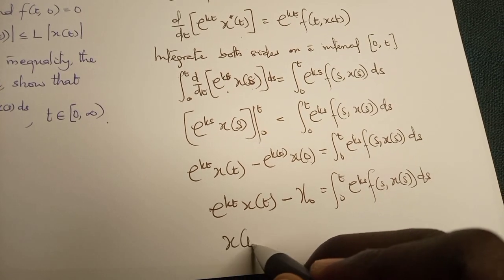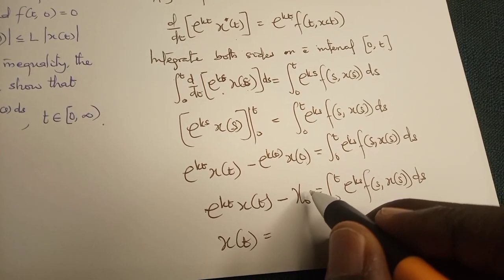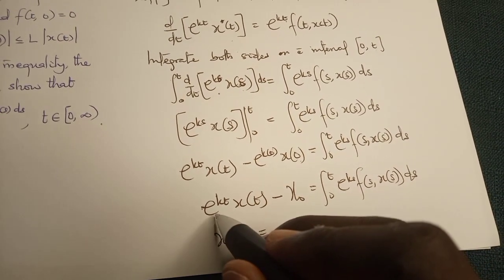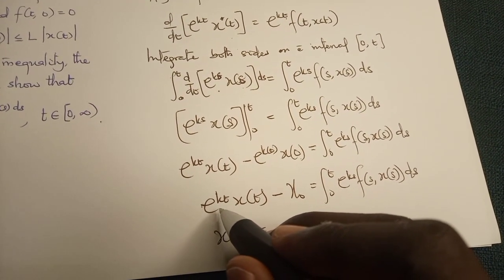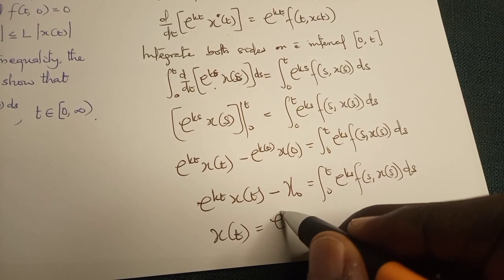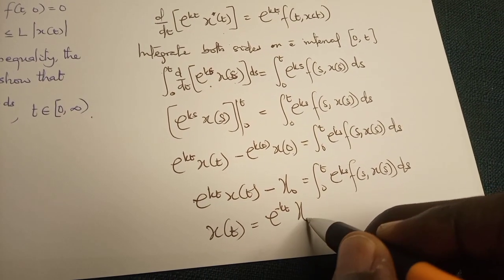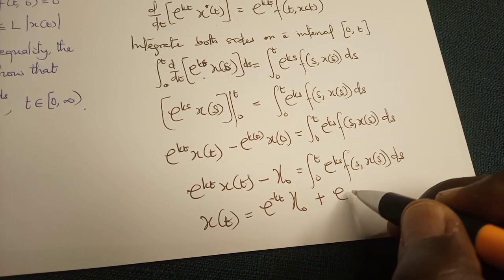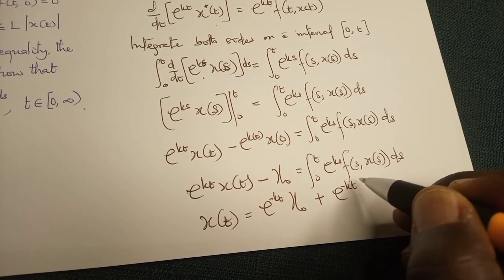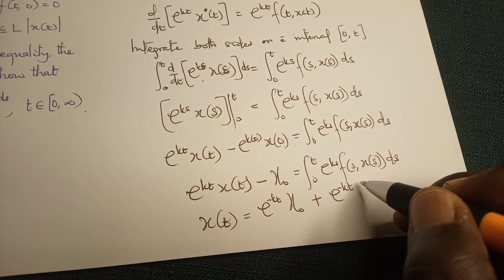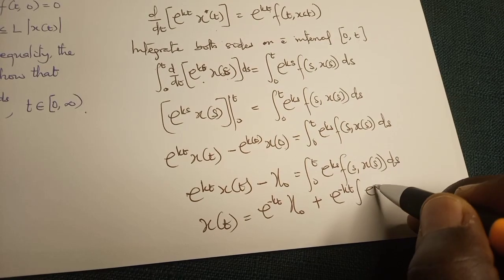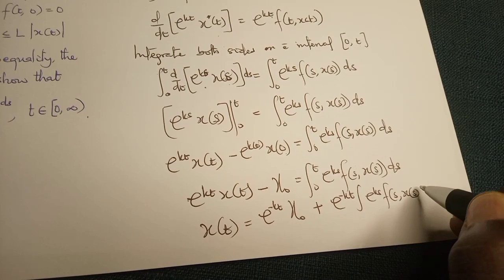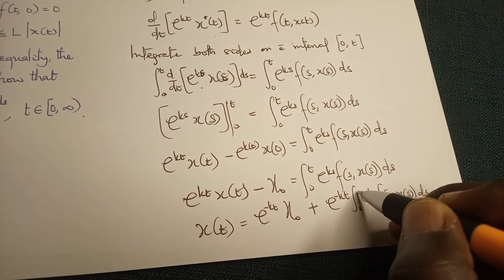So we have x of t equals, taking the inverse of this, positive x naught. Then taking the inverse of that, e exponent negative kt x naught, plus the inverse effect of this side, e exponent negative kt times the integral of e exponent ks f of s x of s ds from 0 to t.